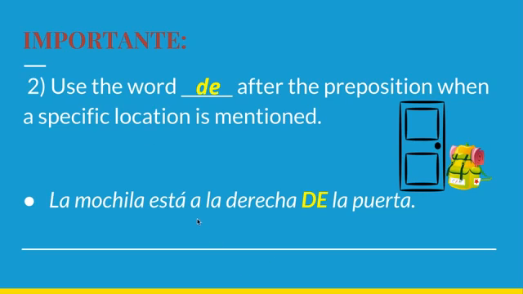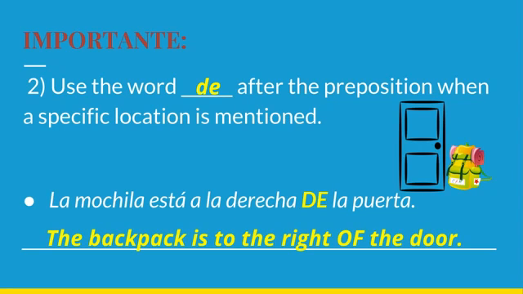Notice we have the prepositional phrase a la derecha, then de, and then before you list the place that it's to the right of, you'll put de. So de la puerta. La mochila está a la derecha de la puerta. The backpack is to the right of the door. And that's why we have the de there, to the right of something. De means of.